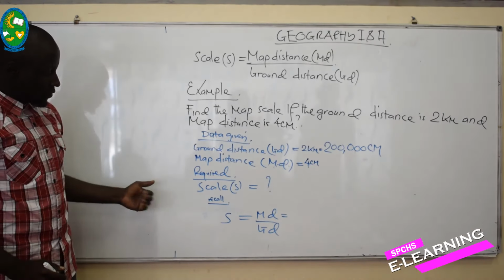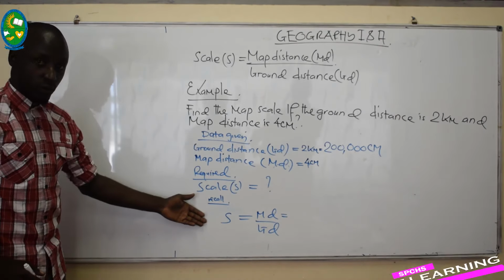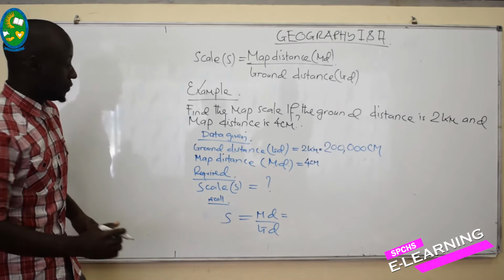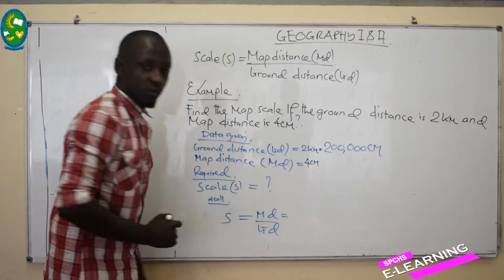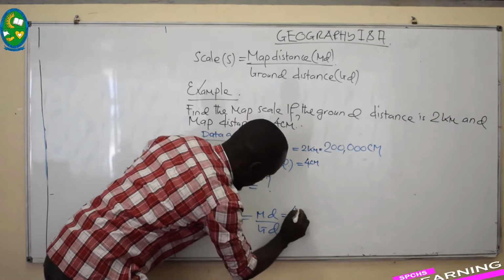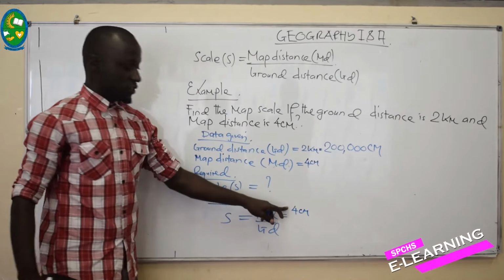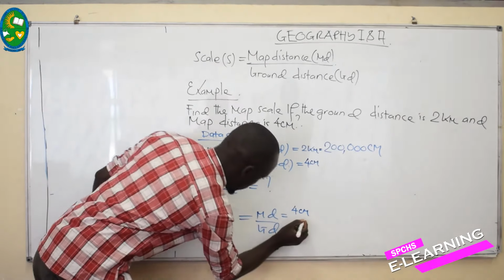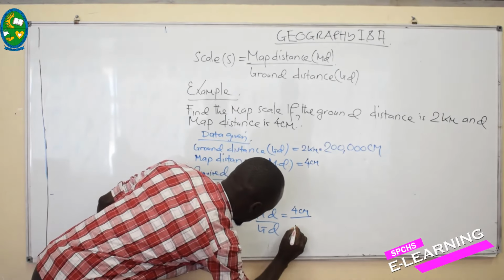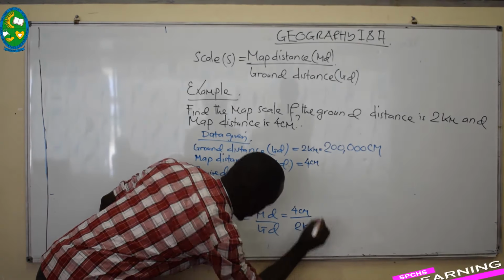What is scale? Recall our formula: scale equals map distance over actual ground distance. Map distance equals 4 centimeters, and the ground distance is 2 kilometers.